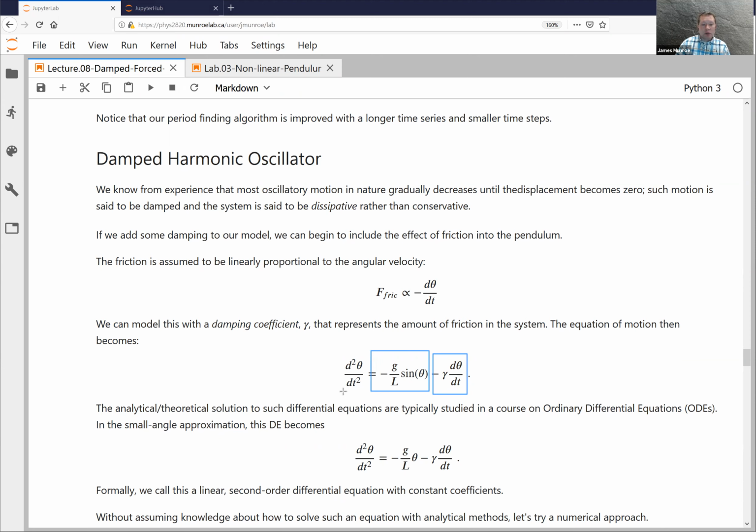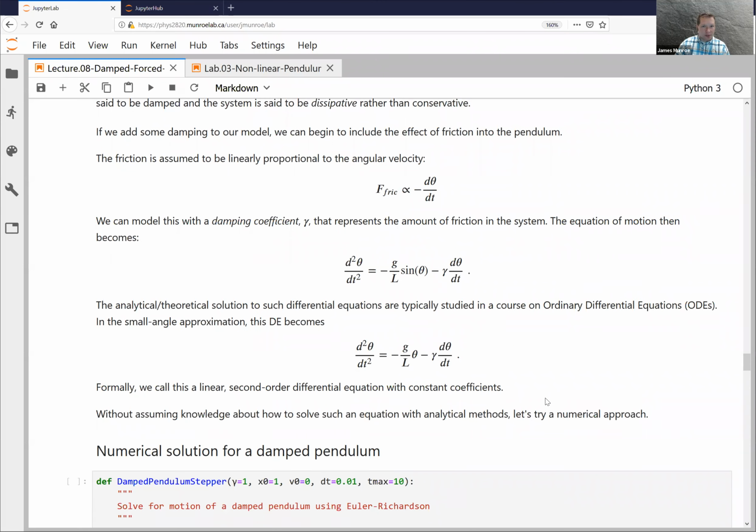Now, studying an equation very similar to this is the topic of a mathematics course in ordinary differential equations. You do not need to have taken it, it does not matter for this course at all, but you might have taken a course in ODEs that had equations of this form. That is a second order constant coefficient differential equation.